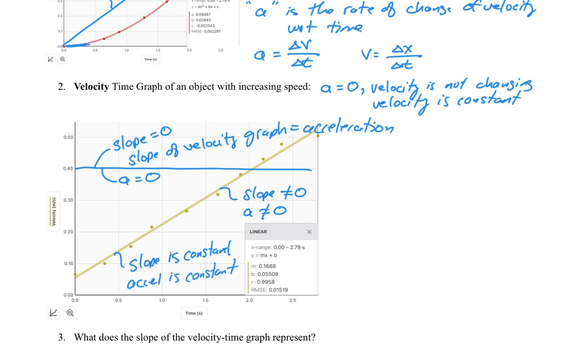That means we are gaining the same amount of speed with every equal time interval. And here we can see, because the values are increasing, right? Maybe the value of velocity here is, I don't know, 0.06, and here it's 0.3-ish. We can see that this has an increasing velocity.